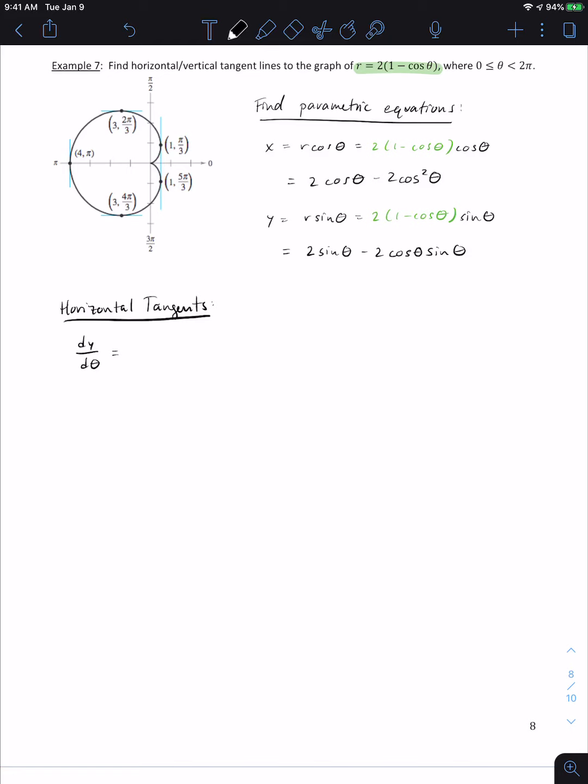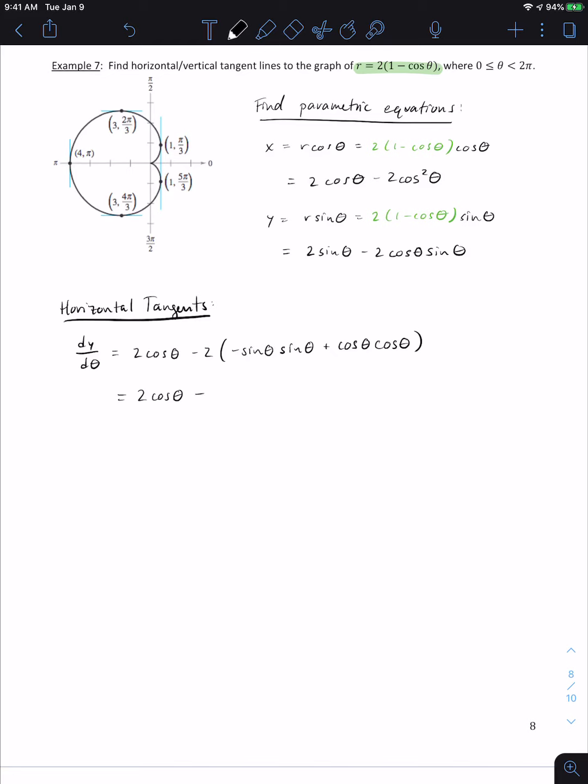Right, so the derivative of sine is cosine, so I get 2 cosine of theta. I'm going to factor out the minus 2 there, and now I'm going to do the product rule with cosine times sine. The derivative of cosine is negative sine theta. Leave the sine theta alone, plus leave the cosine alone. What's the derivative of sine? Well, that's cosine. So I end up getting 2 cosine of theta.